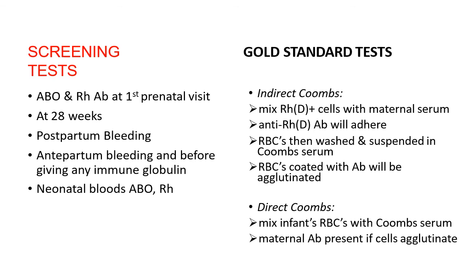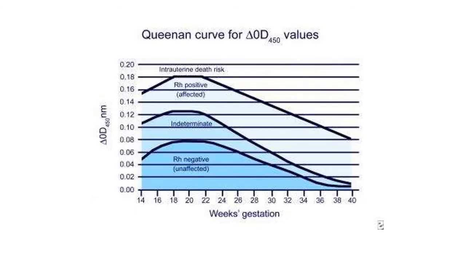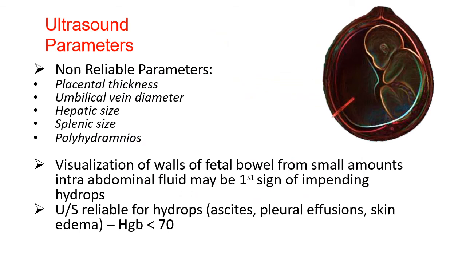We can also do direct and indirect Coombs test too. You don't need to go into detail because you already learned direct Coombs. There are certain ultrasound parameters, such as the size of the umbilical vein, placental thickness, and hepatic size, but they are non-reliable.